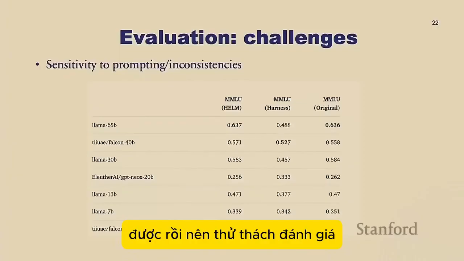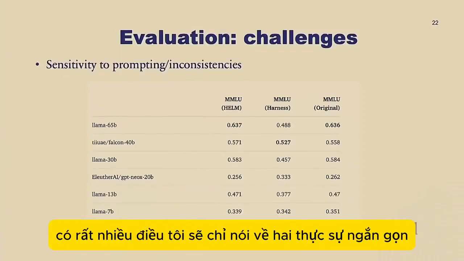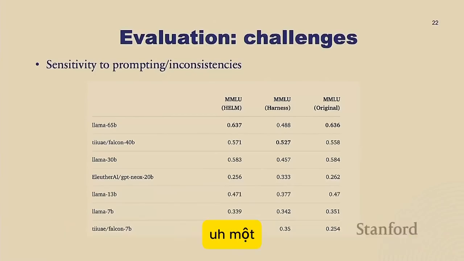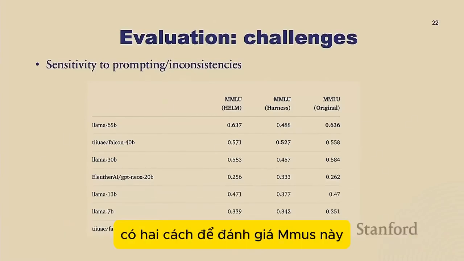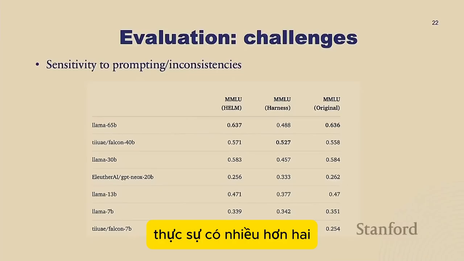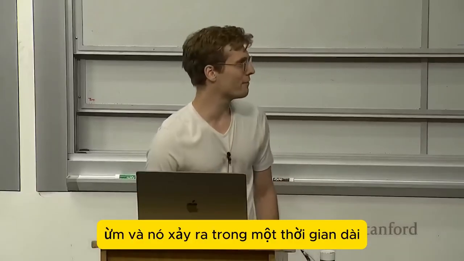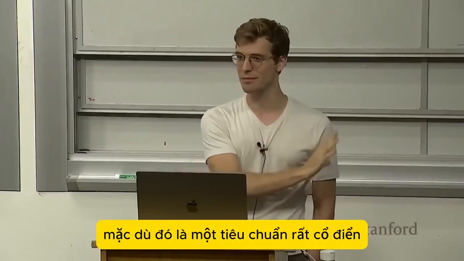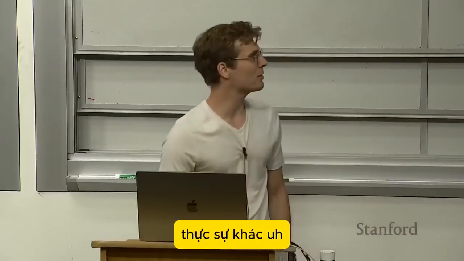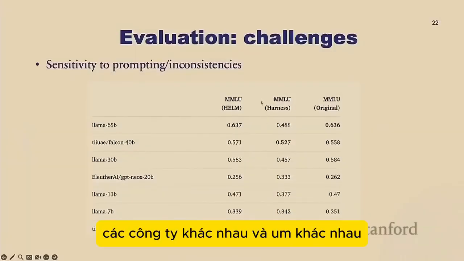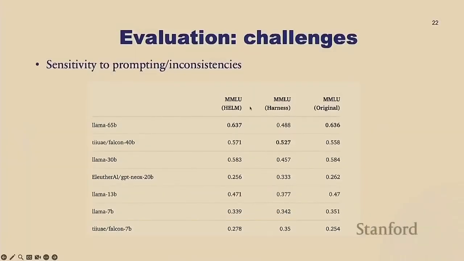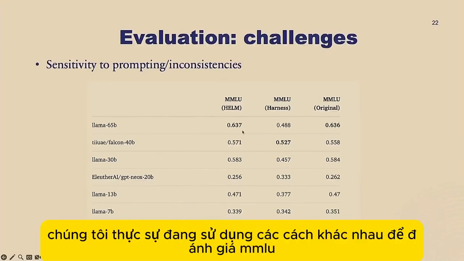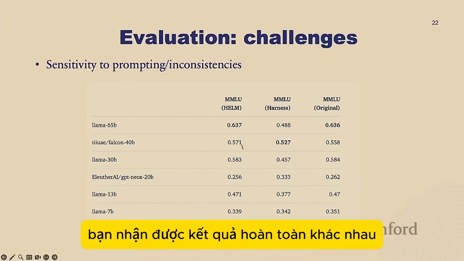Okay, so evaluation challenges, there are many. I'll just talk about 2 really briefly. One, as I told you, there are 2 ways of doing evaluation for these MMLUs. Actually, there are many more than 2, but I gave you 2 examples. And it happens that for a long time, even though that was a very classical benchmark that everyone used, different companies and different organizations were using different ways of evaluating MMLU, and as a result, you get completely different results.